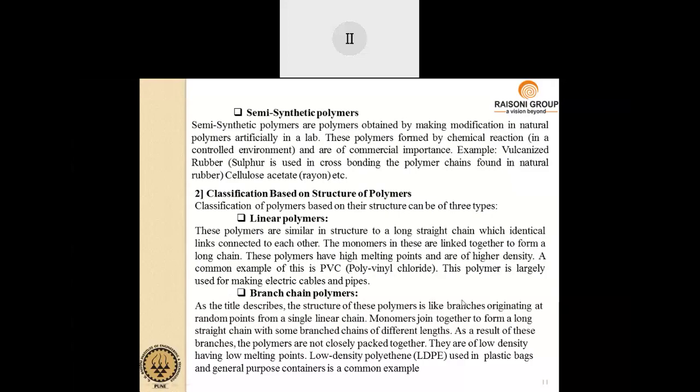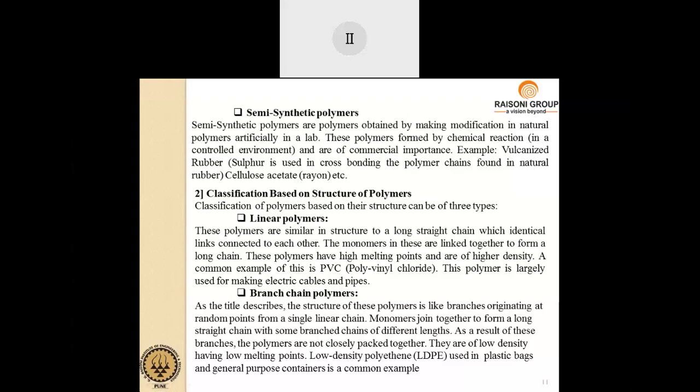Then we have branch type, or you can say branched chain polymers. As the name itself suggests, the structure of these polymers is like branches. In a tree we have different types of branches. So here also, branched chain polymers are like branches originating at random points from a single linear chain.